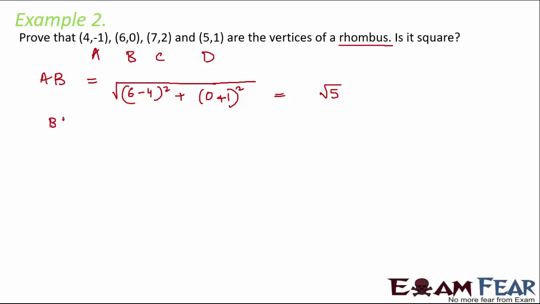Now we calculate BC, which is root over (7 minus 6) whole square plus (2 minus 0) whole square, which is root 5 again.